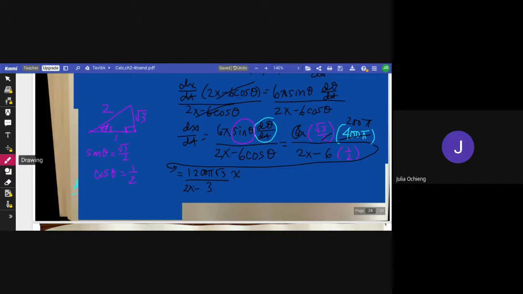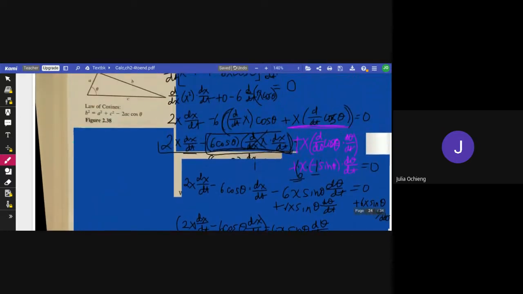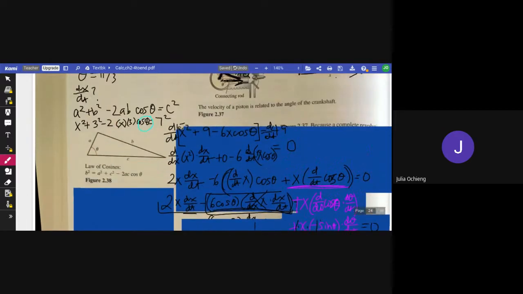All right, let's do it. So we're solving for x. We need to find out what x is. If we go back all the way to this law of cosines formula right here, we can solve for x. I'm just going to copy this equation down, but simplified. So x squared plus 3 squared is 9, minus 2 times 3 is 6, times x, times cosine theta, which we already figured out down here.